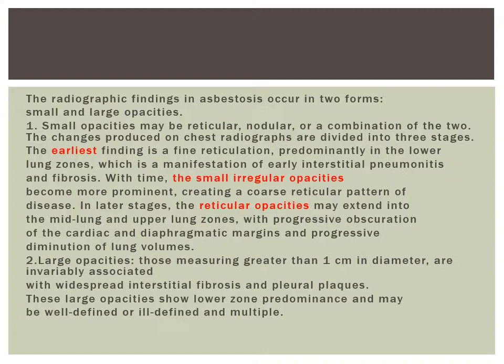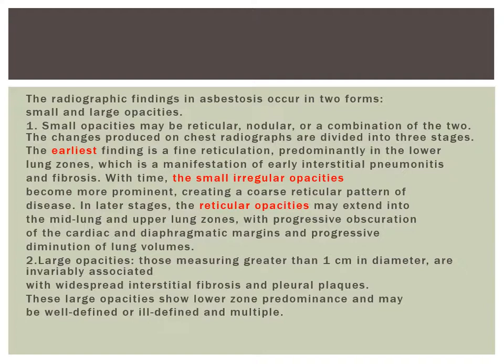In the later stage, reticular opacities may extend into the mid and upper zones, with progressive obscuration of the cardiac and diaphragmatic margins and progressive diminution of lung volume. The second type, large opacities, those measuring greater than 1 cm in diameter, are invariably associated with widespread interstitial fibrosis and pleural plaques.